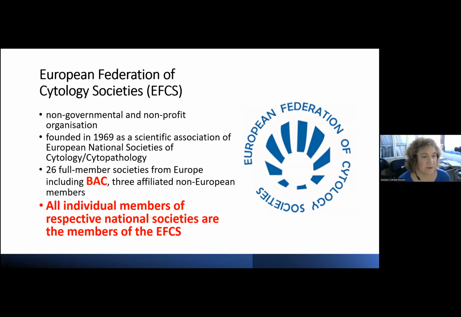Now we have 26 full member societies from Europe, including BAC, of course, and 3 affiliated non-European members. The membership works like this: all individual members of respective national societies are in fact the members of the EFCS. So all of you members of the BAC are in fact the members of the EFCS. I would like to share this with you.